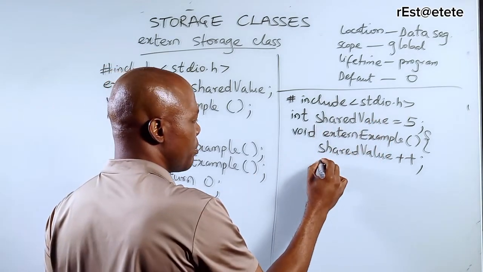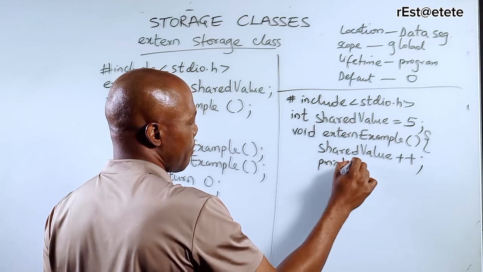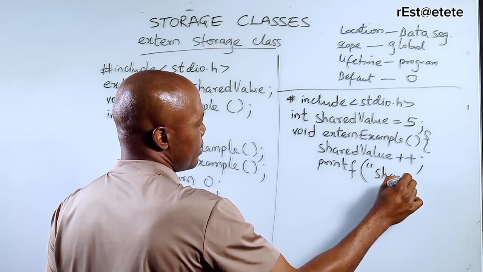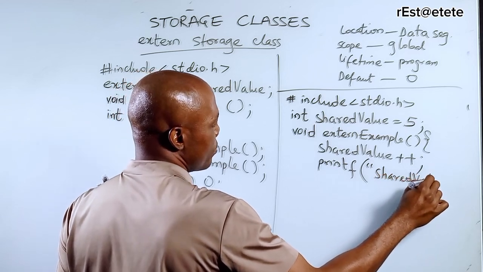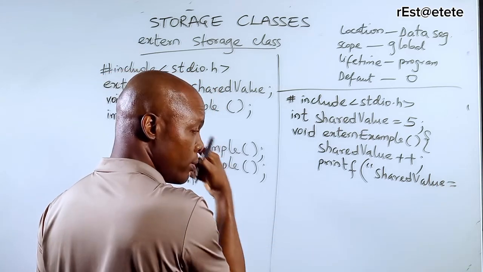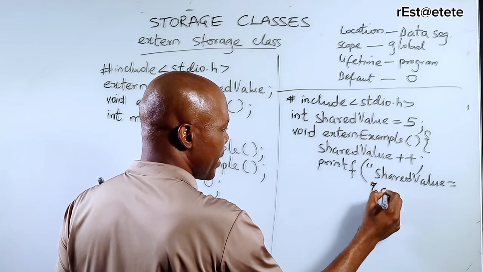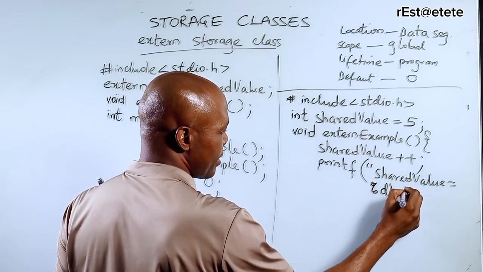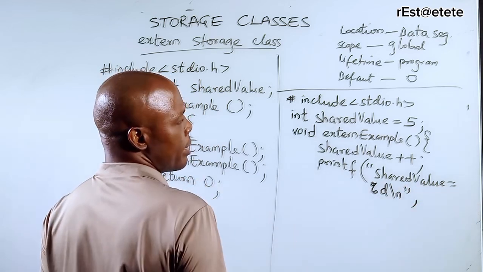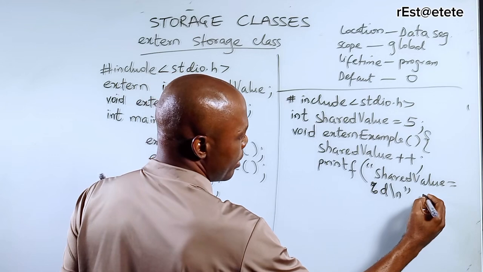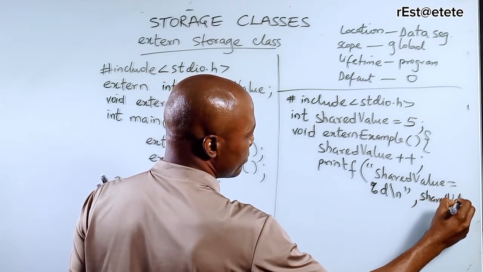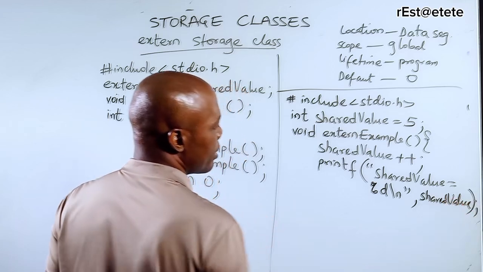Then inside the function, I will say printf, shared value equals percentage d slash n, then we'll close the bracket, comma, shared value, right?